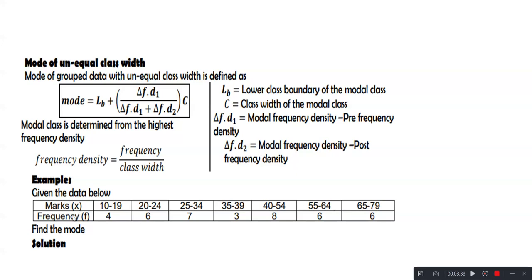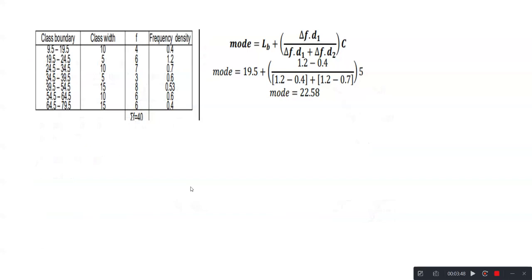Take an example where we have classes from 10 to 19 up to 65 to 79 with their frequencies. We are asked to calculate the mode. This is how we do it. First of all, you construct a frequency distribution table. You put in your class boundaries.